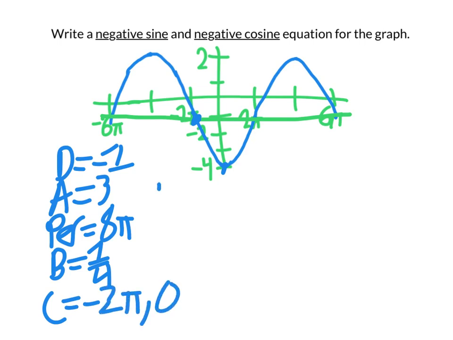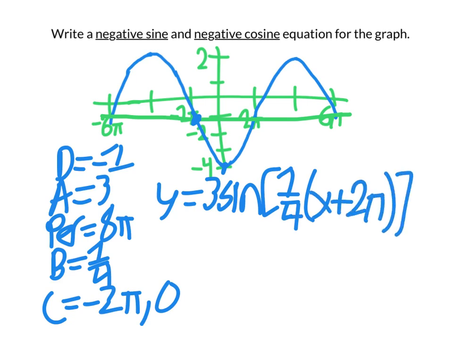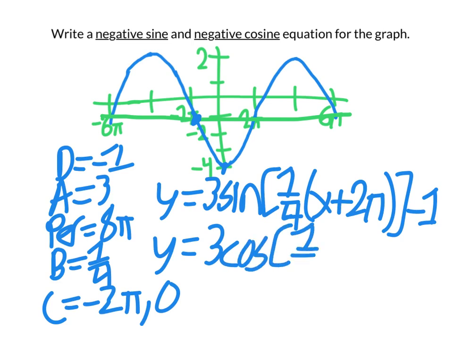So for sine, it's y equals 3 sine of 1/4 x. Two negatives make a positive, so plus 2 pi, minus 1. And then for cosine, it's y equals 3 cosine of 1/4 x minus 1.